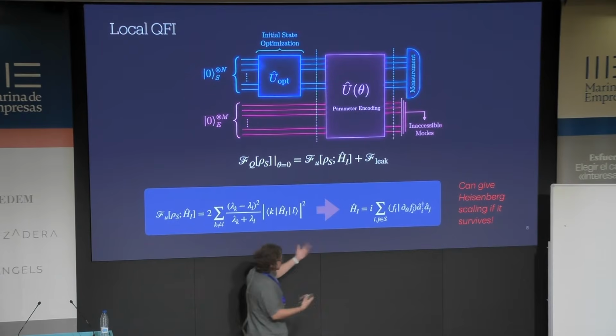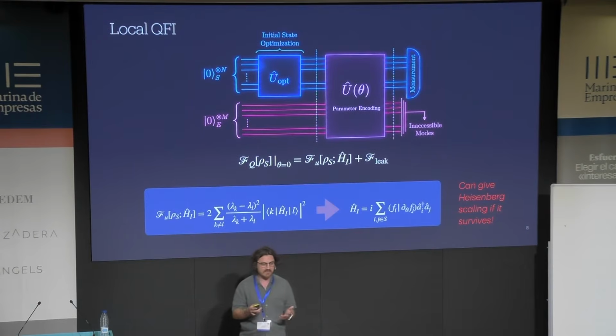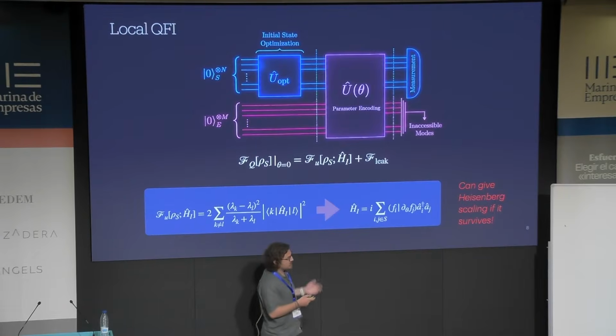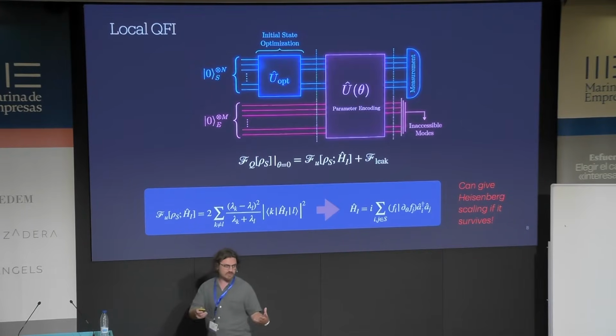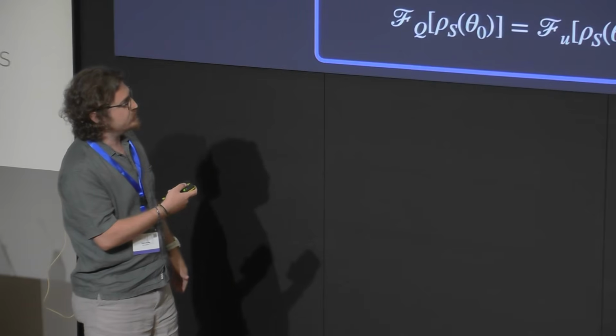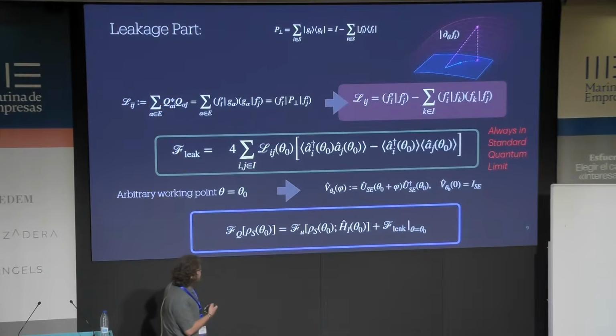If this term doesn't survive, you will never have Heisenberg type of scaling. And the other part is the leakage part, which is always in the standard quantum limit. And in the end, you will see that the calculations end up with this mean photon number, which always scales with n.